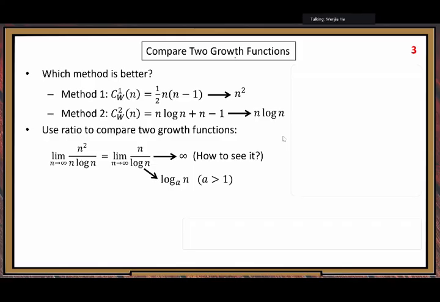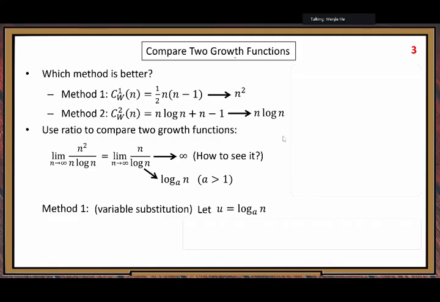The first way to see it is to do some variable substitution, because for many people, it's not easy to see the trend, the behavior of the log function. So we try to eliminate the log function.